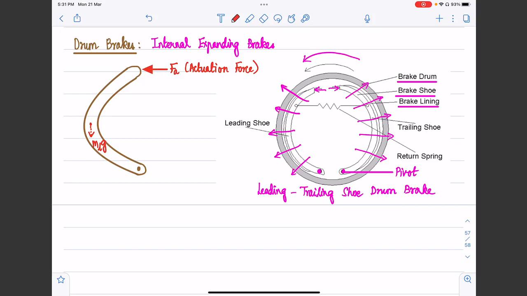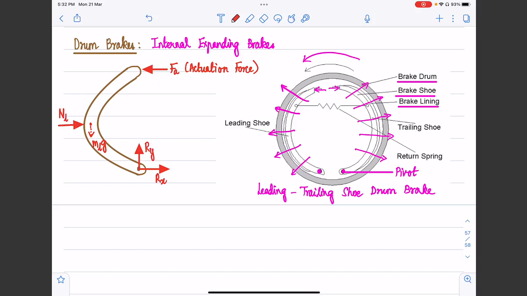Okay, and at the pivot there are going to be reaction forces. So let us say this is some Rx, which is the reaction force along the x-axis, and some Ry, which is the reaction force along the y-axis. We are going to do a lumped analysis wherein, when the brake lining contacts the brake drum, there is going to be a normal load generated along the contact area.